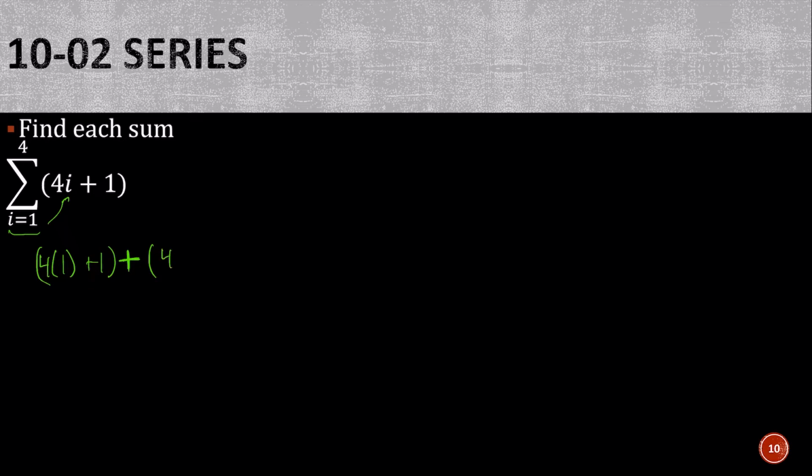So it'll be 4 times 2 plus 1. Put a plus, and then the next number would plug in a 3. 4 times 3 plus 1. Put a big plus, and then the next number, 4 times 4 plus 1. And we stop there because we have now plugged in our upper limit.